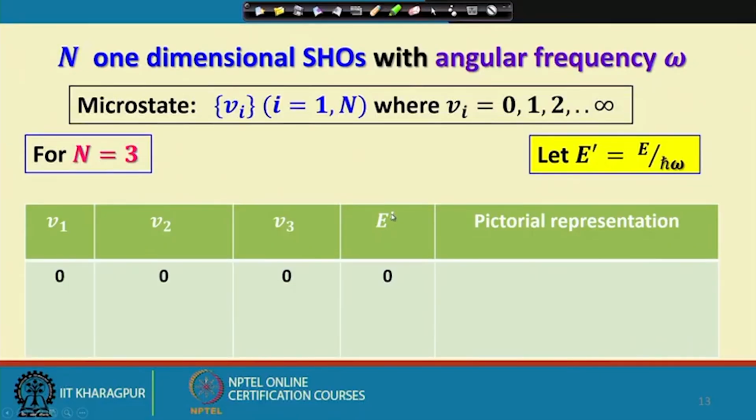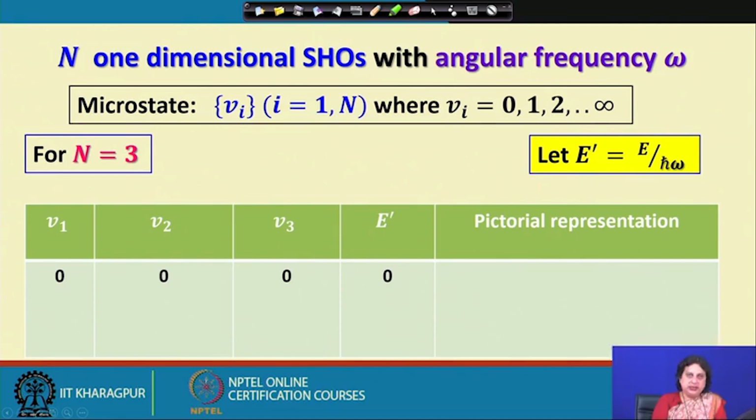This is the typical case for capital N one-dimensional simple harmonic oscillators, each having the same angular frequency omega. Let me denote here this E prime as capital E by h cross omega. So, I understand that E prime is going to be some number like n prime.